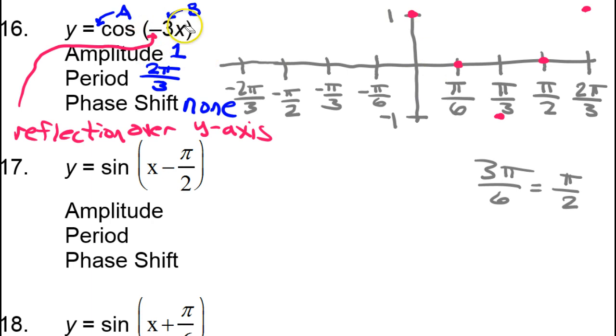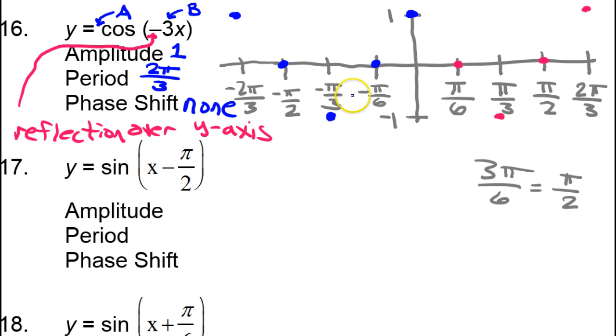Now, because there is a negative sign, I need to take these 5 critical points and reflect them over the y-axis. So this point that's on the y-axis isn't going to move. But the mirror image of this point is here. The mirror image of this point is going to be at negative pi over 2. The mirror image of this point is going to be down here. And the mirror image of this point is going to be over here.